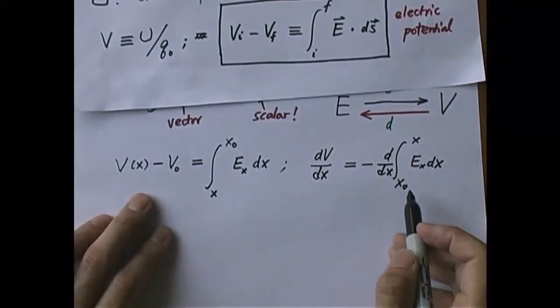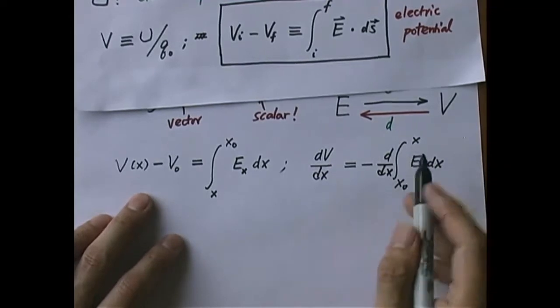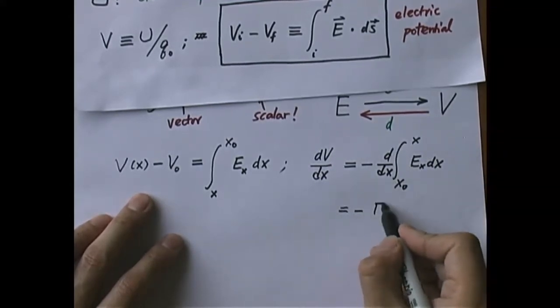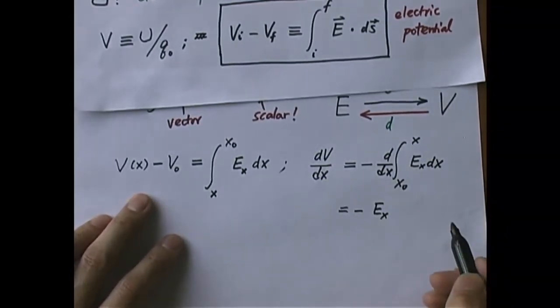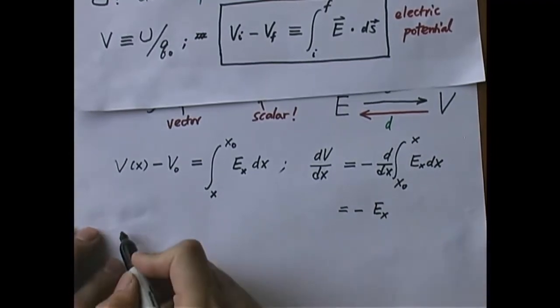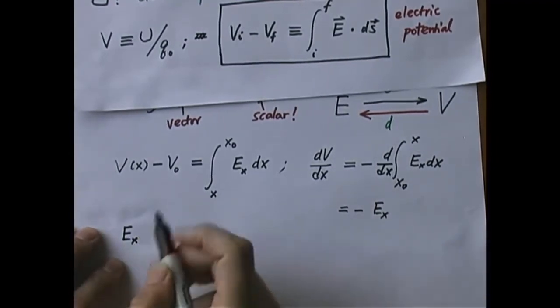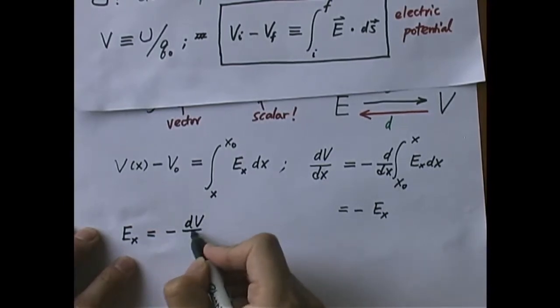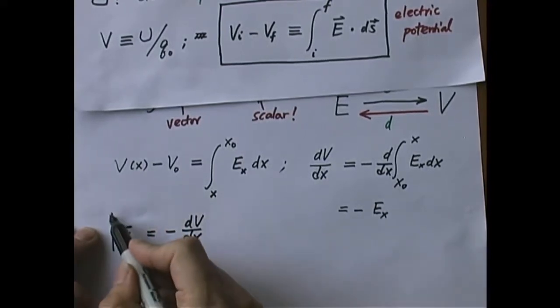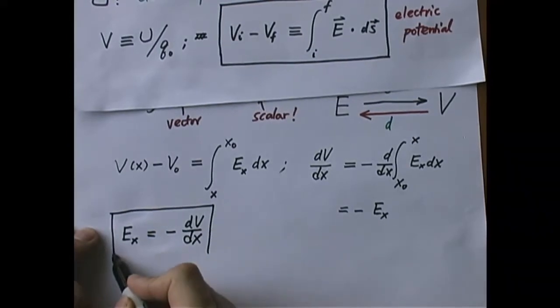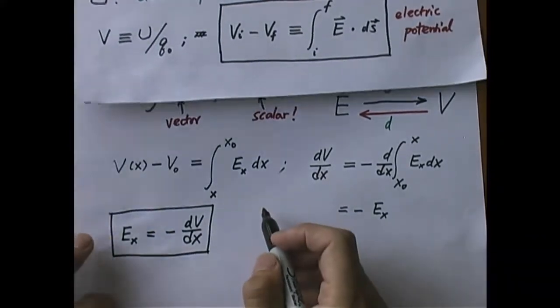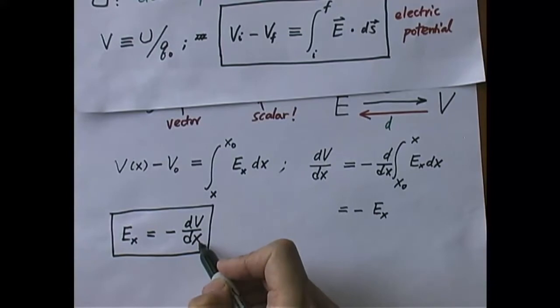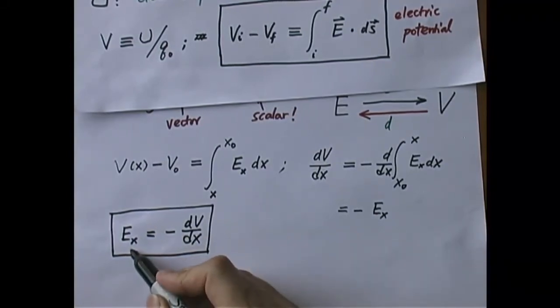From the basic theorem of calculus, that is negative Ex. So I learn that Ex, the x component of the electric field, is just negative dV dx. Once you know V as a function of space, all we have to do is differentiate it with respect to the x variable and take a negative sign, and I get the x component.